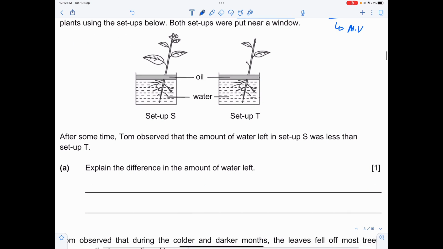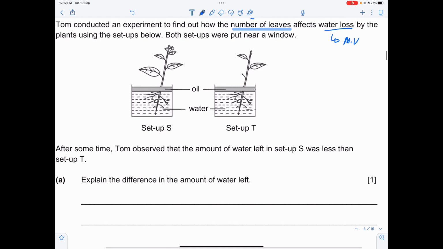Now, going to very quick revision. So the oil here basically prevents evaporation. So this is to ensure that any water loss is due to the number of leaves and not to evaporation of water. That is the purpose of the oil.